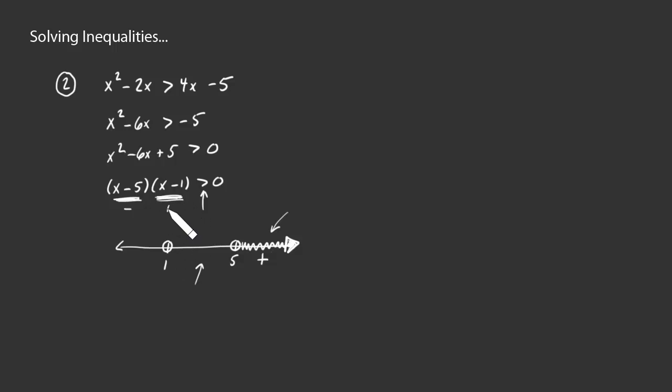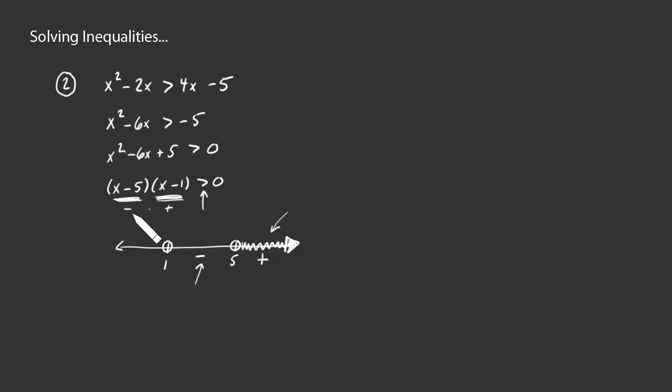Doesn't that have to be positive? So we have a product of a negative times a positive. That's a negative. Now, is that helpful? Yes, because if it's negative, it's less than 0, not greater than 0. So none of the x values in this interval will constitute solutions to this inequality.